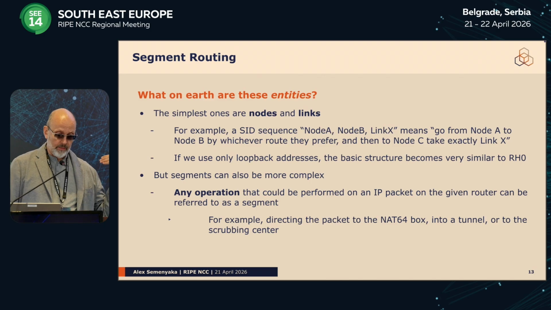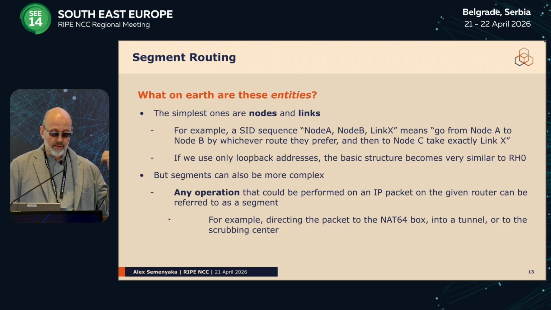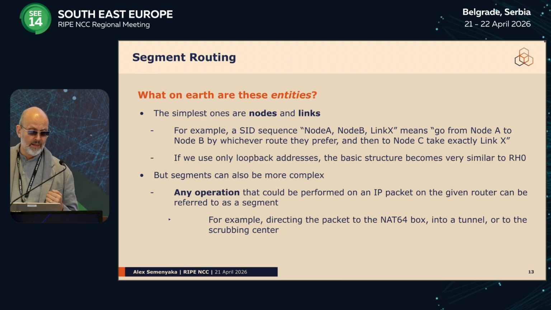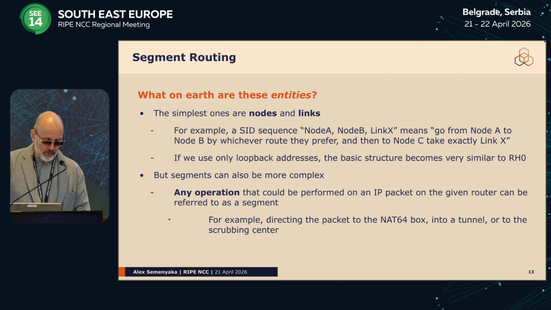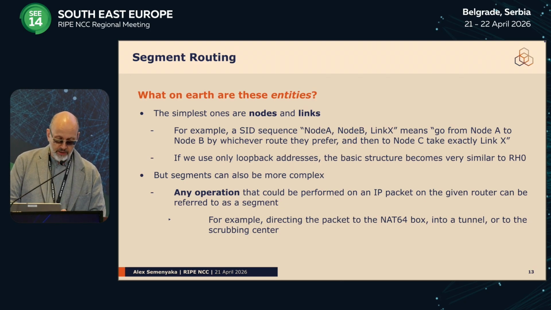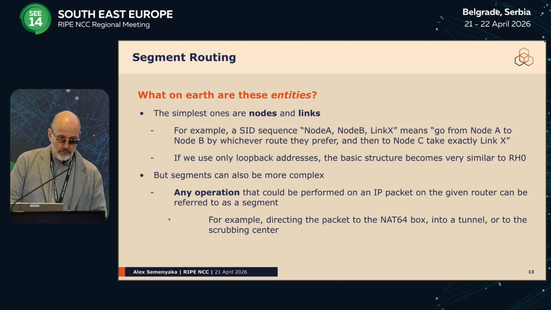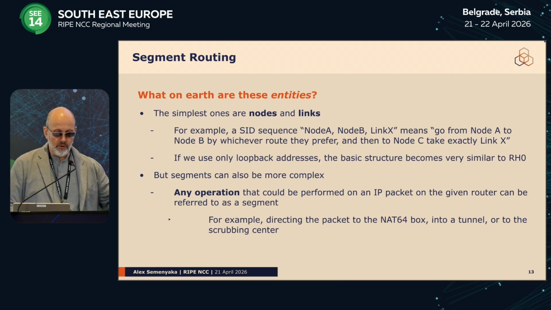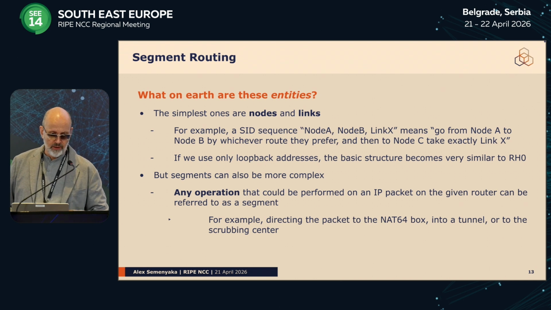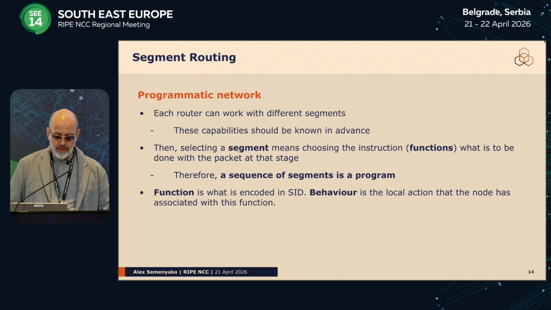And it is defined by the source, but only this general sequence. We don't go for details if we don't want to. From A to B, the router will decide how to forward this packet, as an example.